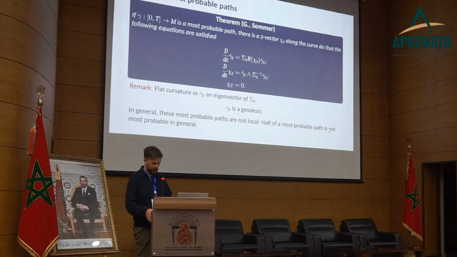And I'll tell you one thing to notice about this condition. First, if the curvature is 0, then this just becomes a normal geodesic equation. So these types of curves you don't see in flat space at all. Also, if you put this equal to the identity matrix, then you just get gamma wedge gamma, which is 0, and the final condition is 0.